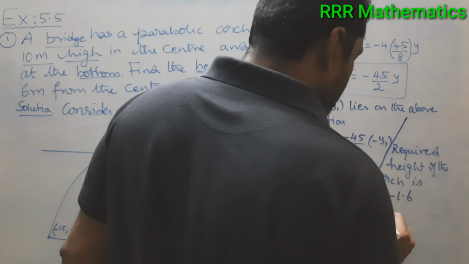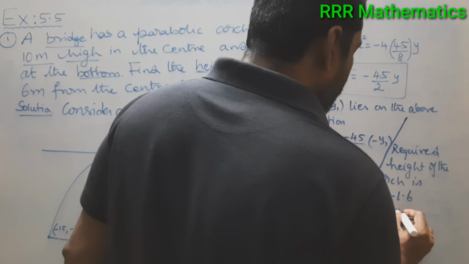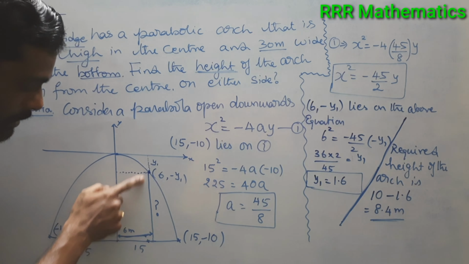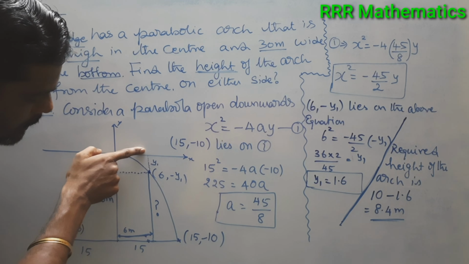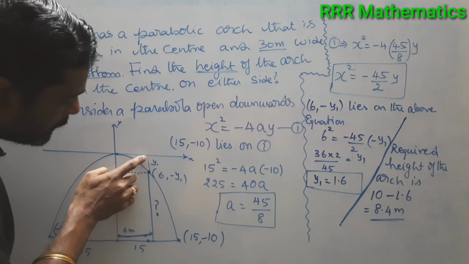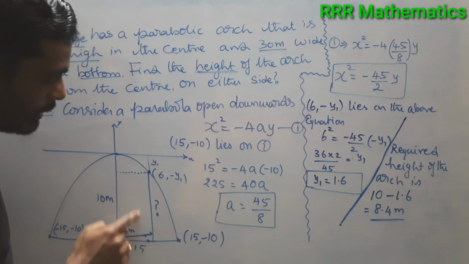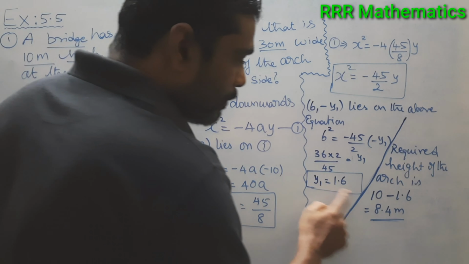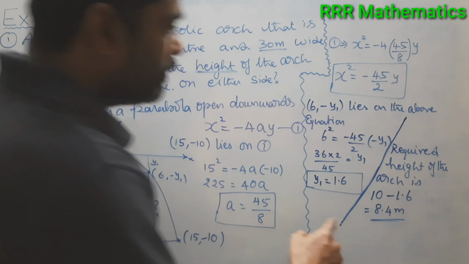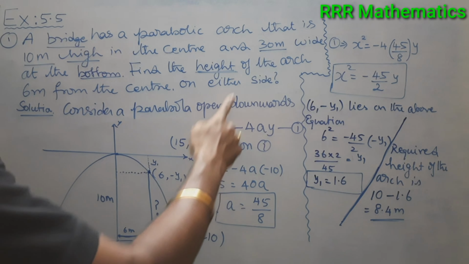It gives 8.4 meters. So your required height of the arch is this one. The total distance from the x-axis to the bottom is 10. When you subtract this dotted line distance, that is 1.6, 10 minus 1.6 gives 8.4 meters, which is the required height of the arch.